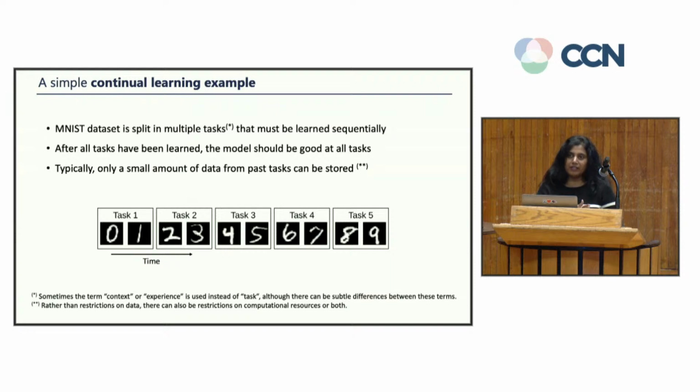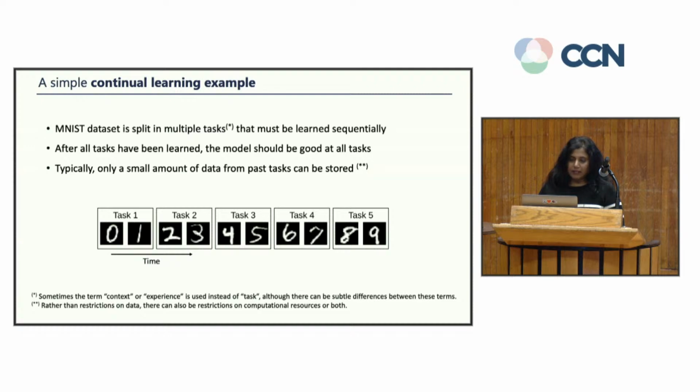Like I've shown earlier, it shouldn't have any catastrophic drop in its performance. And usually, in a lot of these cases, the models are only storing a small amount of data that they have seen in the past, and not all the data, because you want it to actually learn, not just recall.